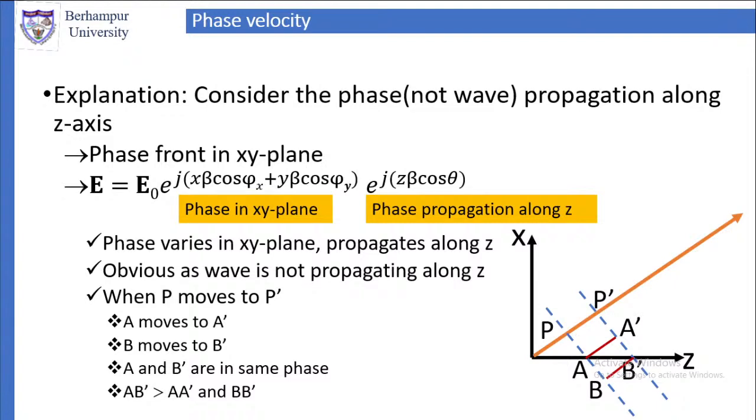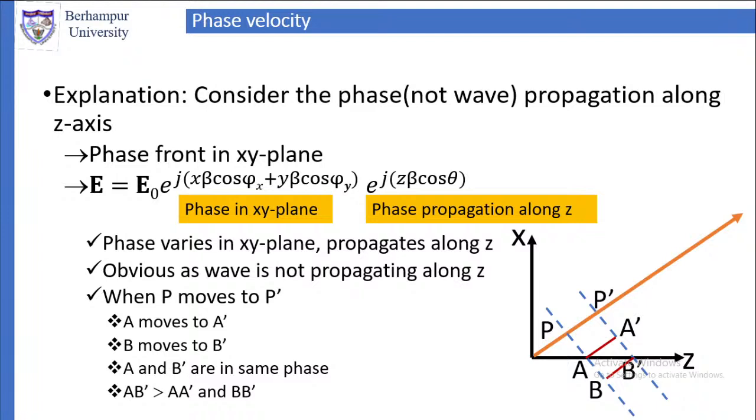That is the only case in which these two will be the same. So when the propagation of the wave and the propagation of the phase are along the same axis, then phase velocity will be equal to the velocity of the wave.